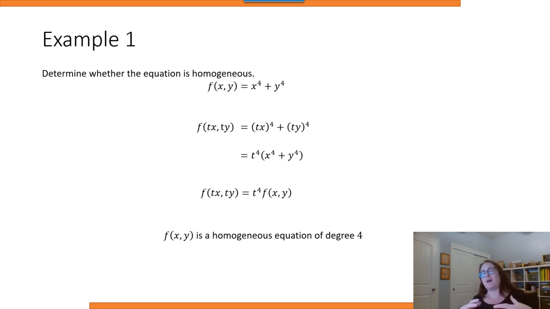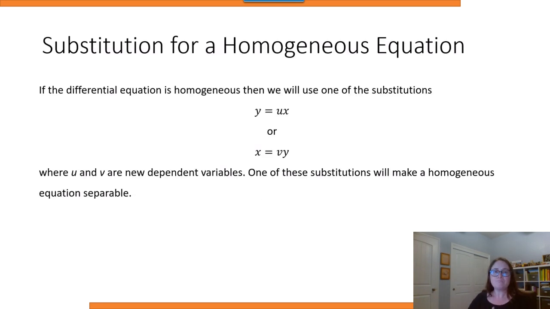The degree doesn't really matter so much as long as you can factor out some power of t. If you're not told that it's homogeneous, then we've got to check this for both of the functions M and N in a given differential equation.